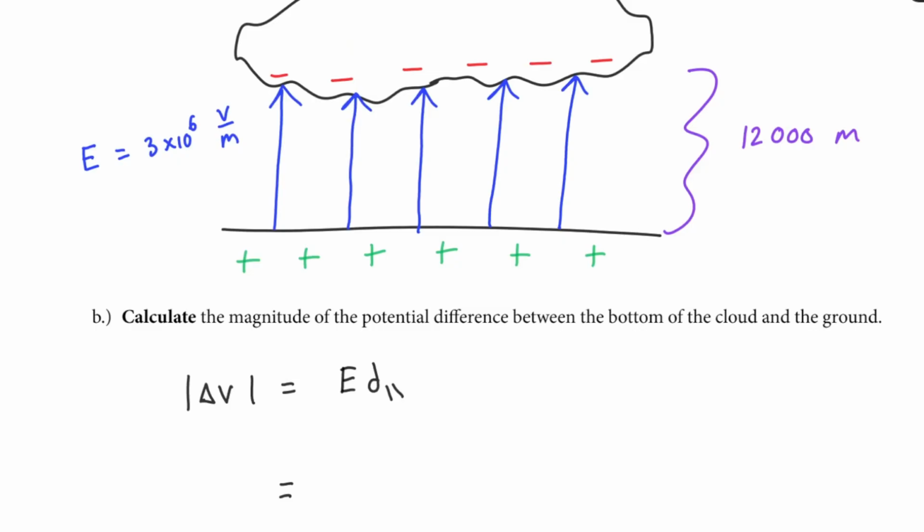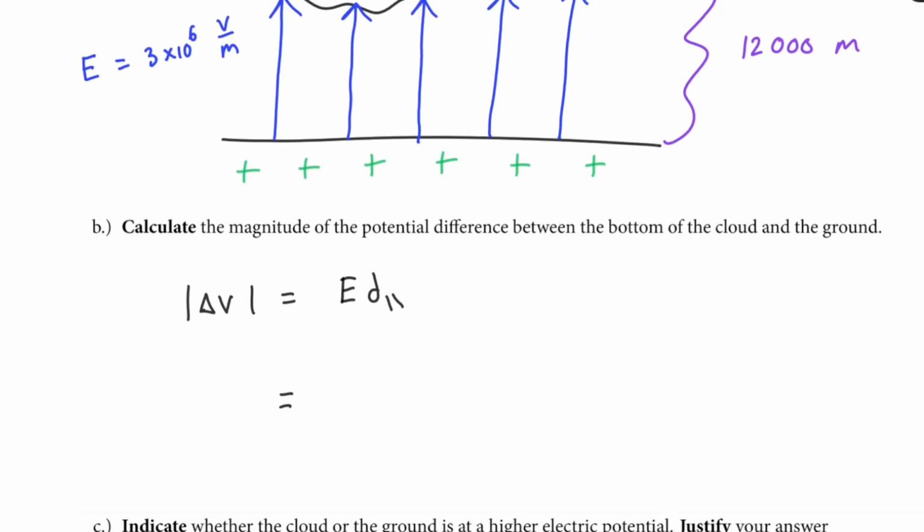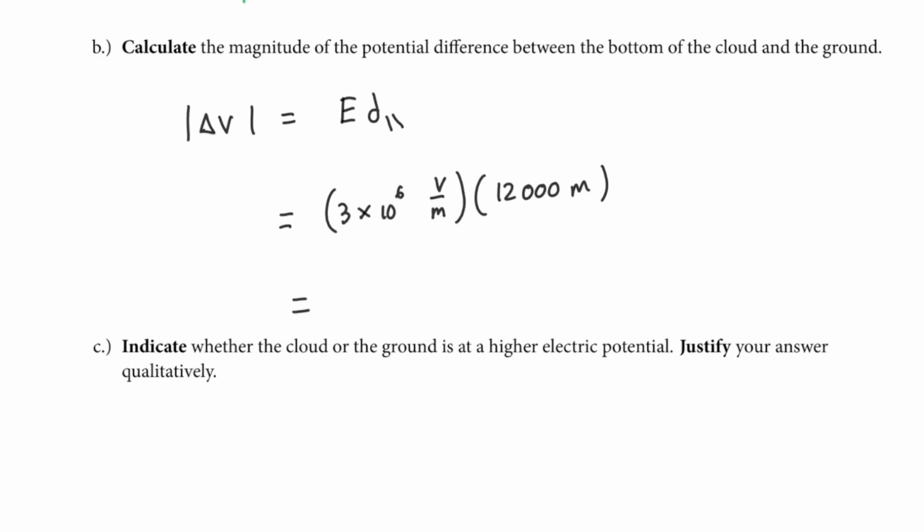So if there are 3 million volts of potential difference dropped every meter, and the storm cloud is 12,000 meters in the air, we can just multiply these two to get an absurd number of volts between the ground and the cloud, or potential difference.